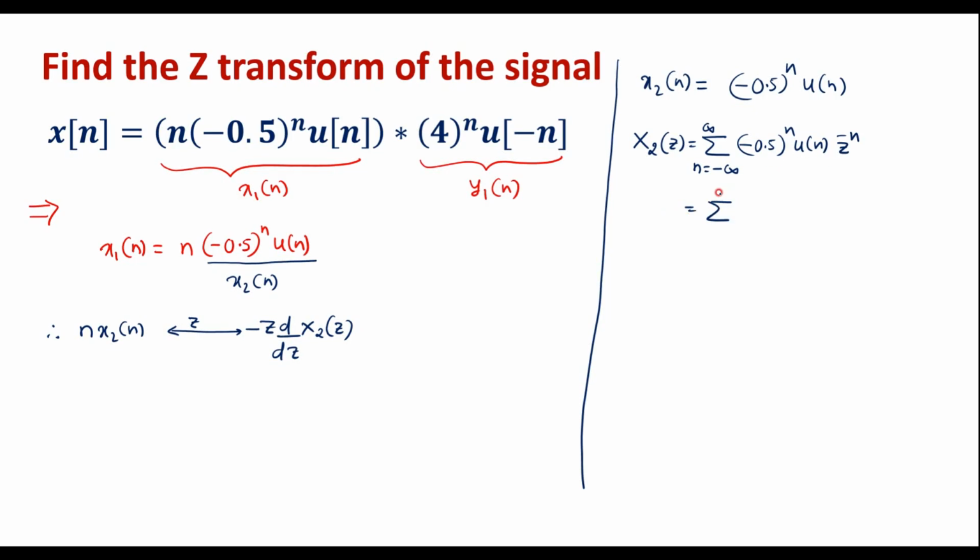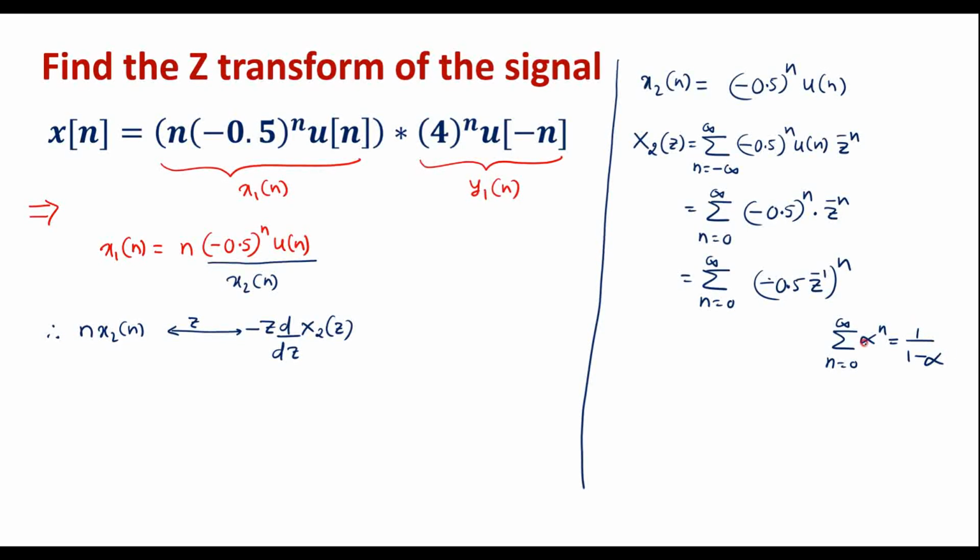Therefore here the limit varies from n is equal to 0 to infinity minus 0.5 power n z power minus n. Simplifying this further, I can write summation n is equal to 0 to infinity, taking n as common, minus 0.5 z inverse power n. We know that summation n is equal to 0 to infinity alpha power n is nothing but 1 upon 1 minus alpha.